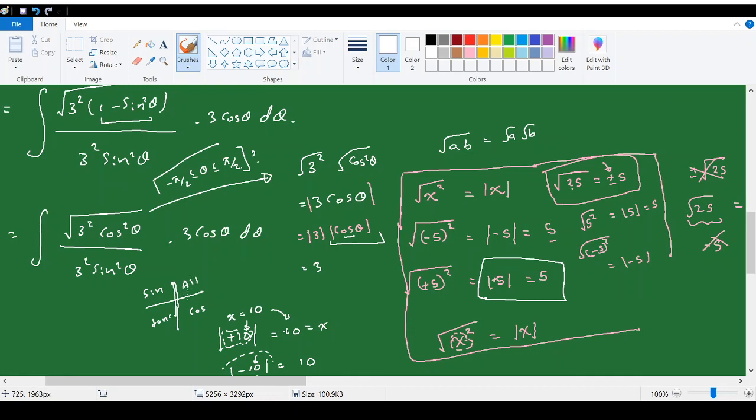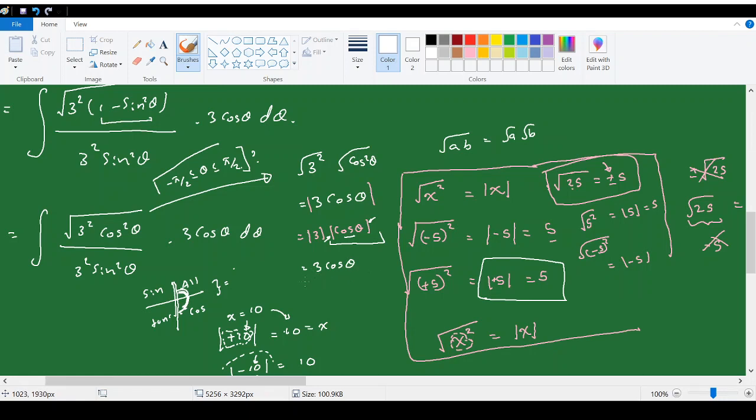So that means when the angle is between 0 and 90 as well as negative 90 to 0, cosine theta will be a positive number, right? So we can just disregard this modulus term and directly write the answer as cosine theta.